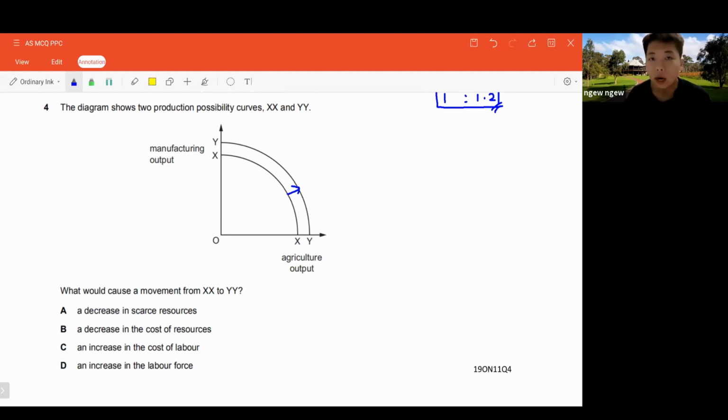Another point I want to show you is that they are just giving you the curve without any point, meaning that you don't know the actual output of the 2 countries. So you are just told that the curve is moving outward, meaning that the country has a rise in productive capacity.